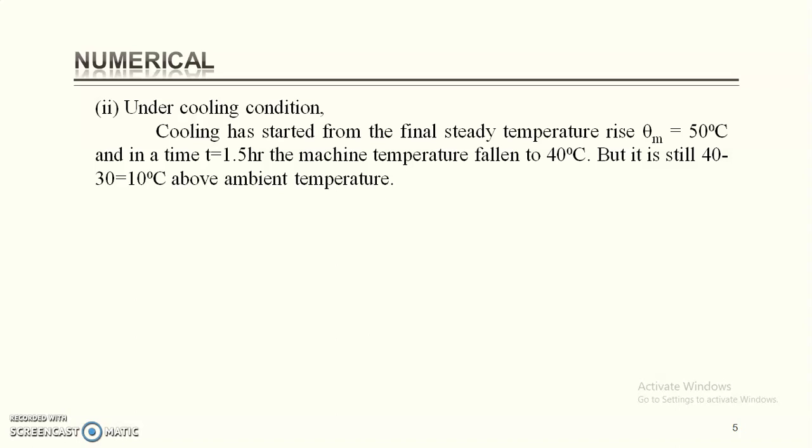It is also given that the ambient temperature is 30 degrees Celsius. The temperature finally falls to 40 degrees Celsius and the ambient temperature is 30 degrees Celsius, so there is a temperature difference. 40 minus 30 is 10 degrees Celsius above ambient temperature.